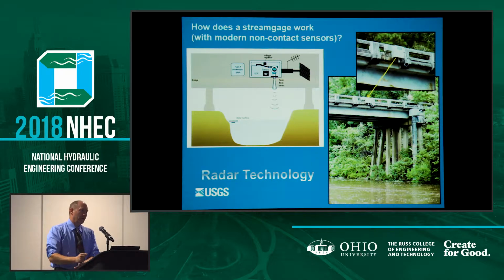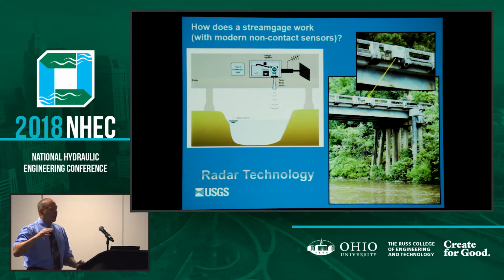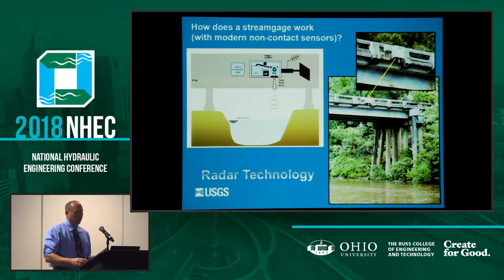The other thing with the radars is that for the northern states here, if you have an ice-covered stream, the radar does not sense an ice cover in the stream, so it'll give us really fictitious values. So there's really no one silver bullet when it comes to sensors. We just try to do the best we can given the situations that we have.